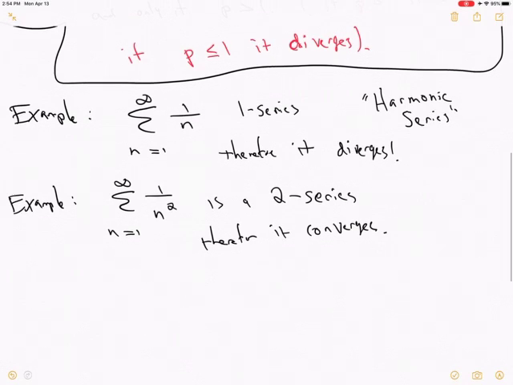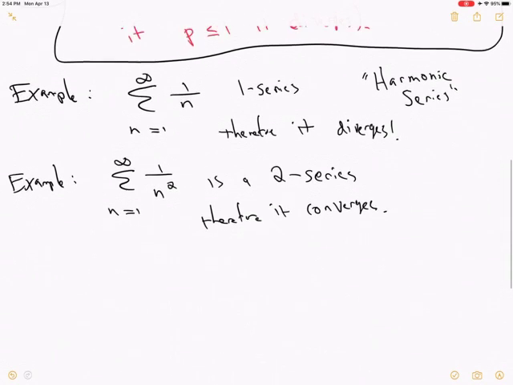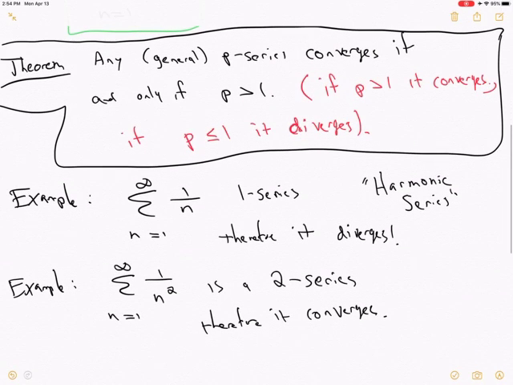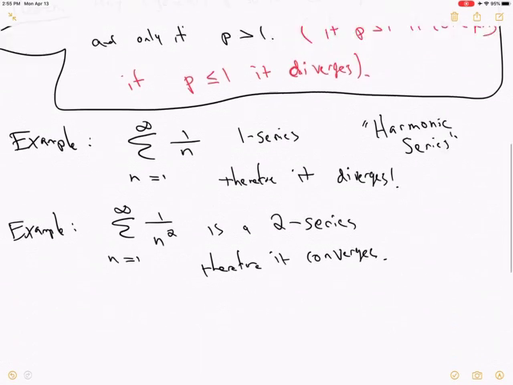Now notice that what that means is that we can actually sum up all these numbers, but it doesn't tell us what that total summation would actually equal. It only tells us that the series does converge. It doesn't tell us any information about what it converges to. So again, we're just using this test here. A p-series converges if and only if p is strictly bigger than 1.